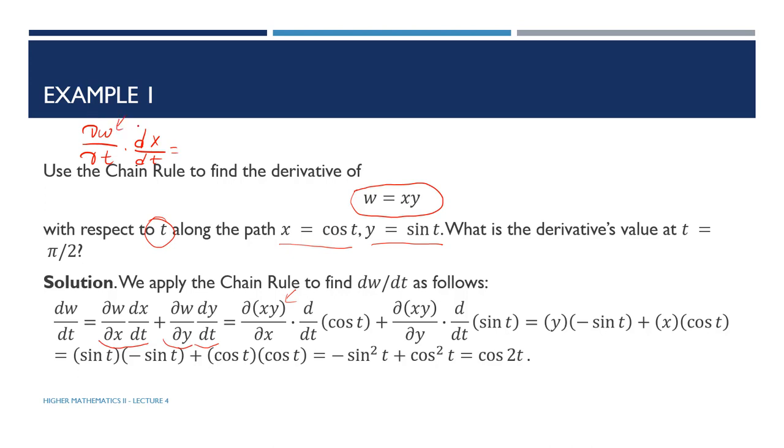So there is a w. What is w? W is xy in my case. So I will write d/dt, like parentheses here, xy instead of w, and times d over dt. Here instead of x, I will write this one, cosine t.